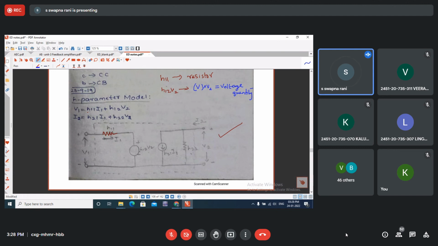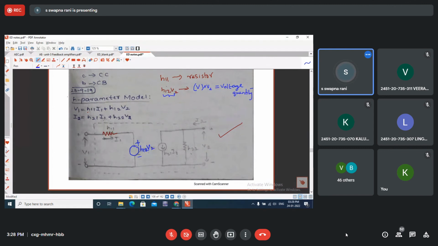Therefore, for this, I am going to introduce a voltage source whose magnitude is H12 V2.